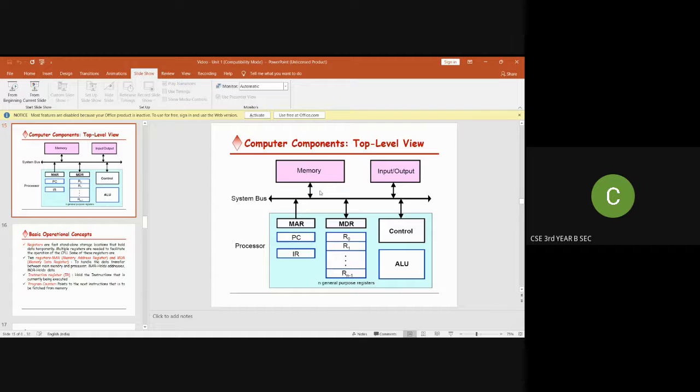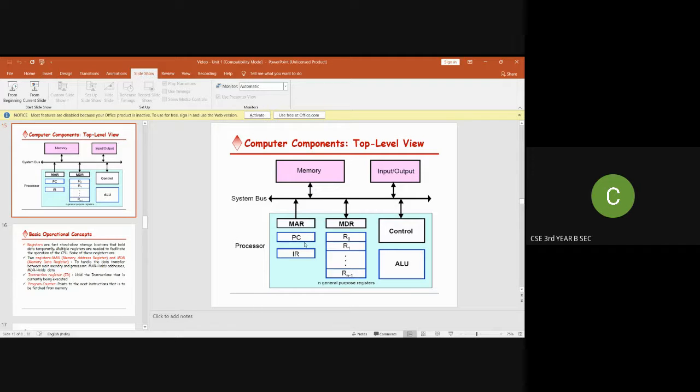This is how the memory operation takes place. Mainly the MAR is unidirectional and the MDR is bidirectional. It gets the data in a read operation, and in a write operation it takes the data from the ALU or processor.